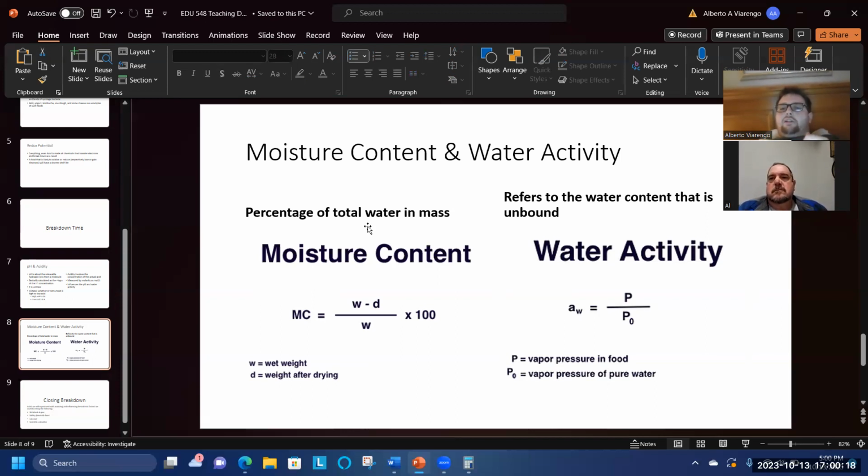Let's say you have 100 grams of cheese, and after you dry it out, you find that the mass of the cheese, after removing all the water from it, is now 80 grams. So do the math, you get 20 grams of water as part of that initial 100 grams of cheese. Your moisture content is 20%.